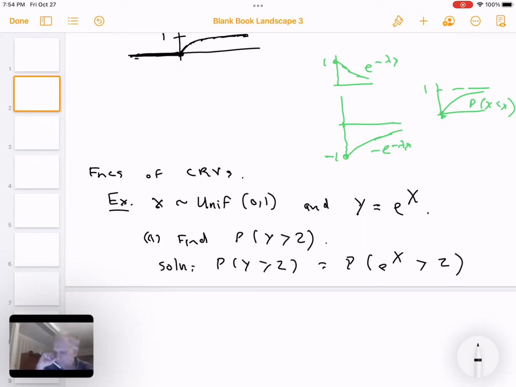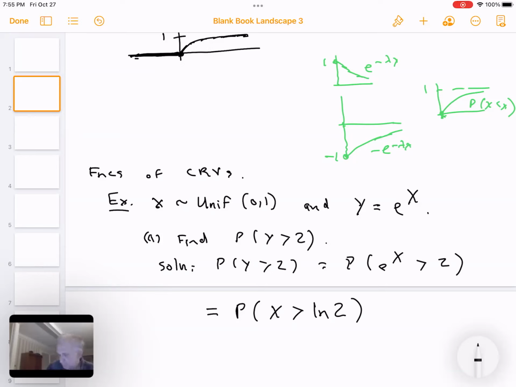There's a random element in it. Y is e to the X. Next, I take the log of both sides, and the inequality maintains its direction because the log is an increasing function. So this is equal to the probability that X is greater than log of 2, which is some number around 0.69.